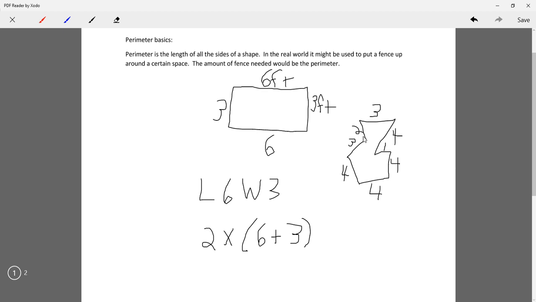So if I wanted to know the perimeter of this shape, all I would do is add up all of the length of the sides, right? So I could just add up all these numbers. So 3 plus 4 is 7, 8, 12, 16, 20, 23, 25. So the perimeter of this would be 25, right?